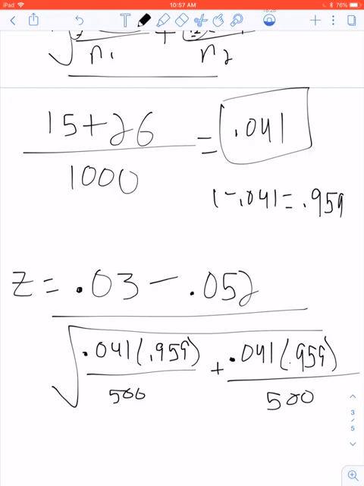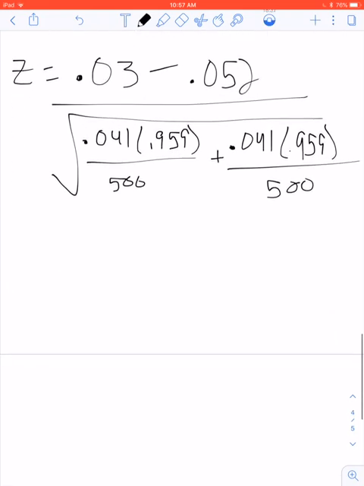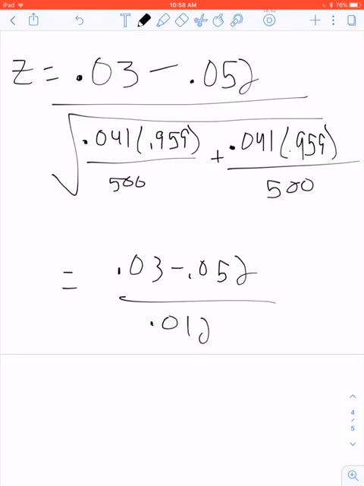And all of this in the denominator comes out to look like I still have 0.03 minus 0.052 divided by, you plug all that into your calculator and you get 0.0125. Okay?